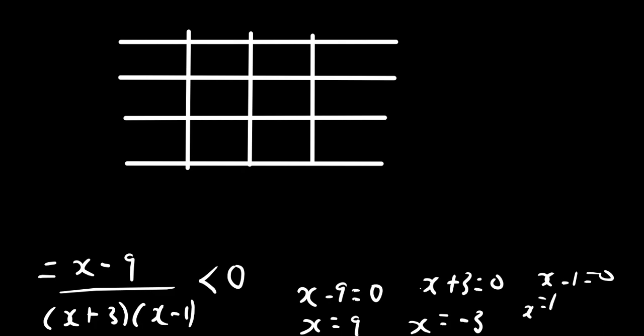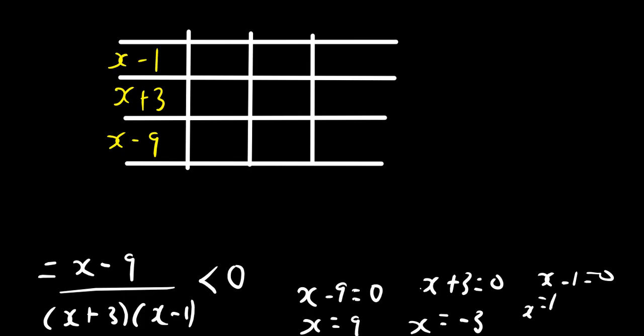So what are we going to have? Our equations: we had x minus 9, another equation was x plus 3, and the other equation is x minus 1.